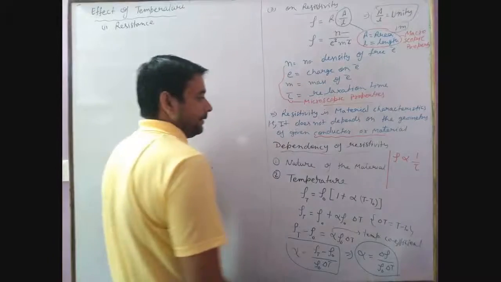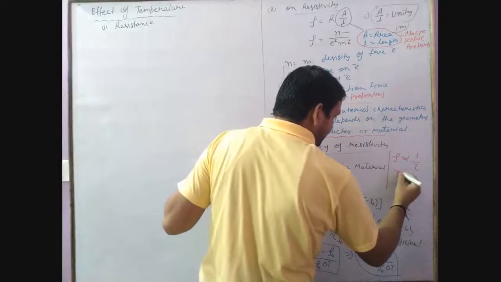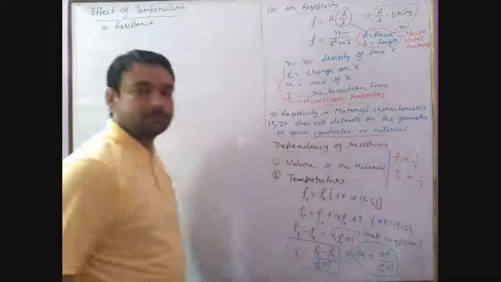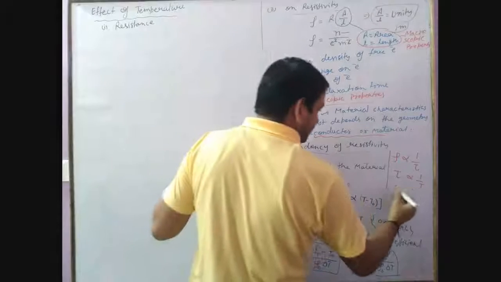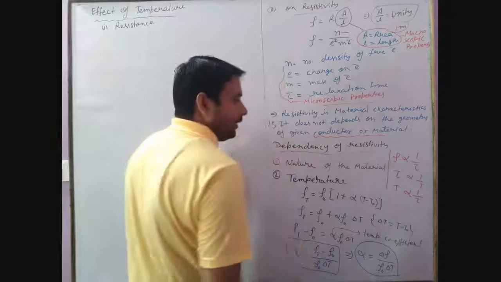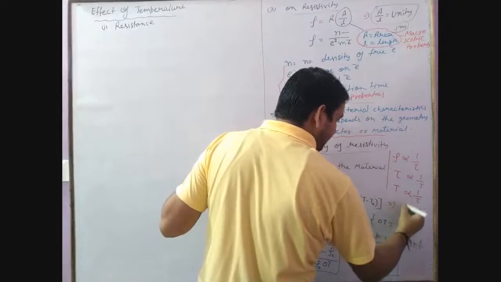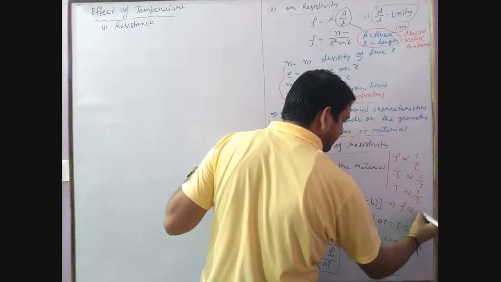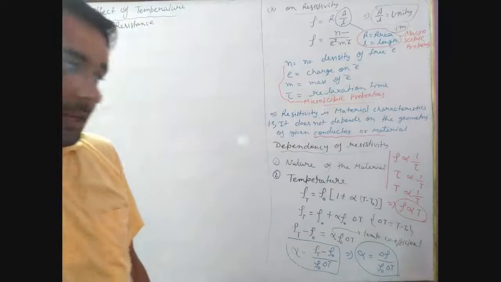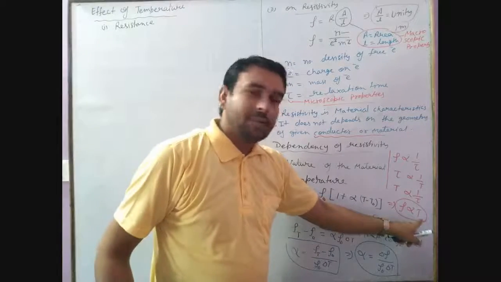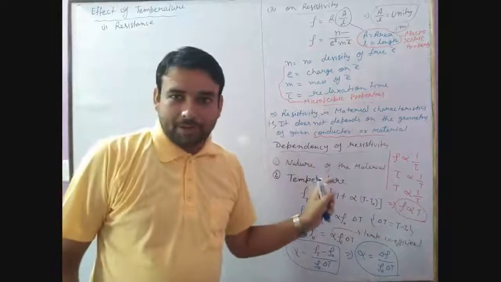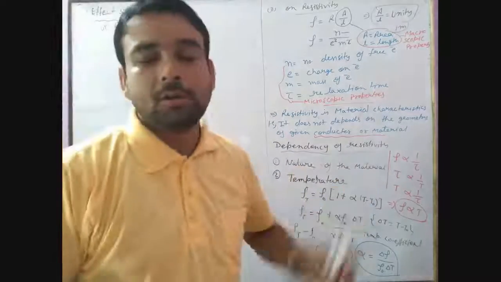And this tau is inversely proportional to temperature. That is, you can also say that the temperature is inversely proportional to the time of relaxation. So you will easily find that resistivity is directly proportional to the temperature, which means as the temperature increases, the resistivity of the given metal or conducting wire also increases.